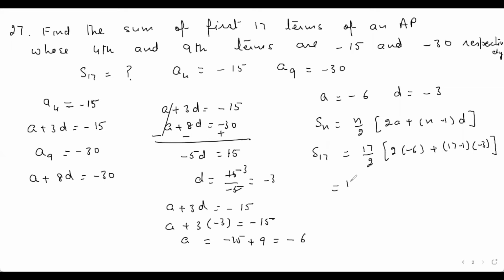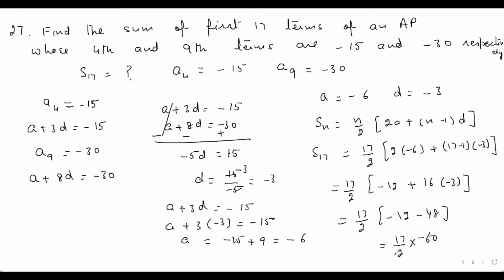That is equal to 17 by 2, minus 12 plus 16 into minus 3. That is equal to 17 by 2, minus 12 minus 48. That is equal to 17 by 2 into minus 60. That is minus 510. That is the sum of 17 terms.